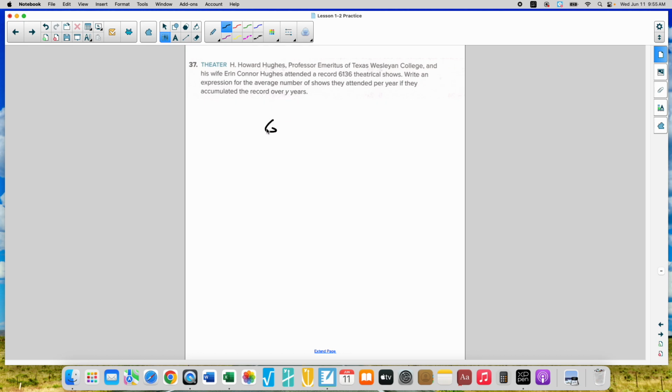So we're going to take the number of shows in that timeline, and we're going to divide it by the number of years. And that would give us the average number of theatrical shows per year. So this is shows, years, y years, and that's why we would get shows per year.